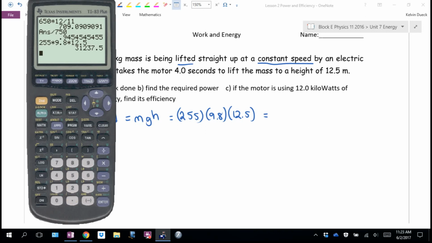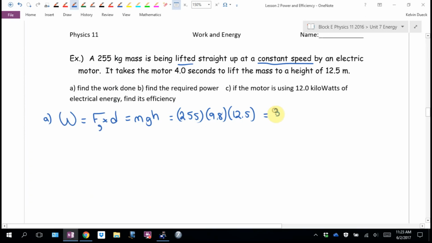I'll write down the whole thing and I'll probably round off. So 31237.5. I'll call it 31,000 joules of work approximately, but there's my full answer.